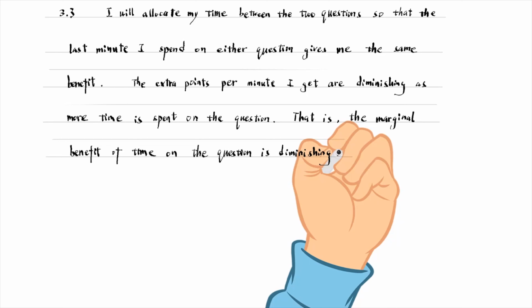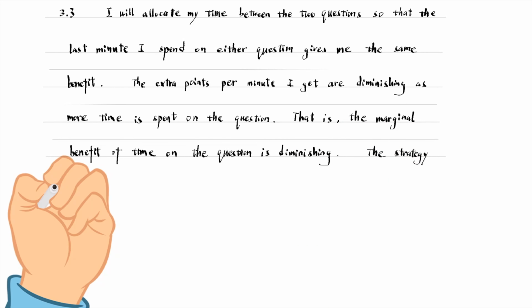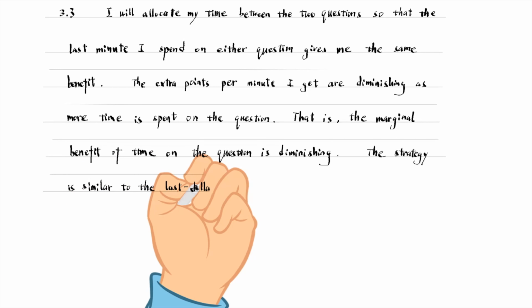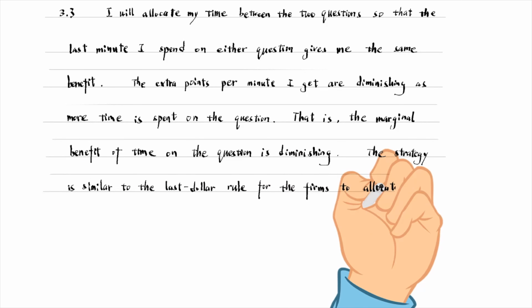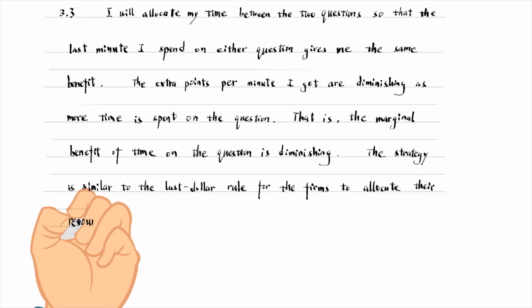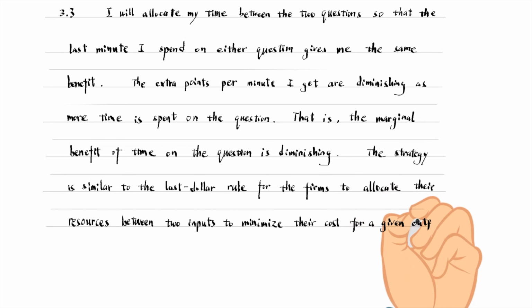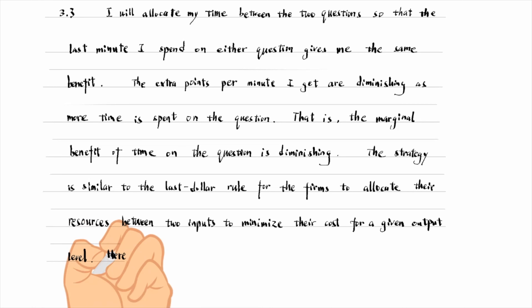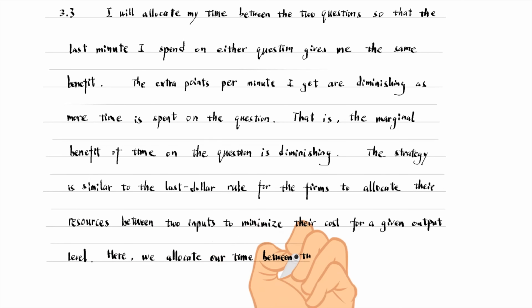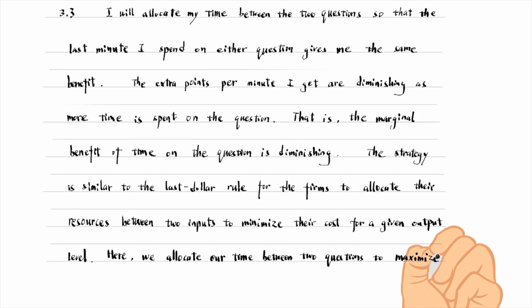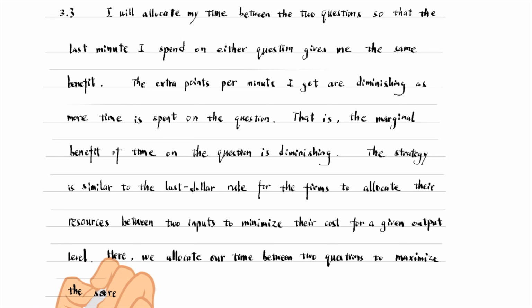The strategy is similar to the last dollar rule for the firms to allocate their resources between 2 inputs to minimize their cost for a given output level. Here, we allocate our time between the 2 questions to maximize the scores for a given time.